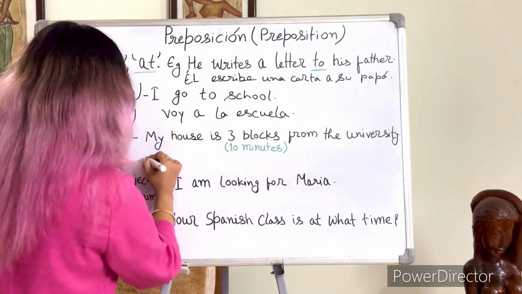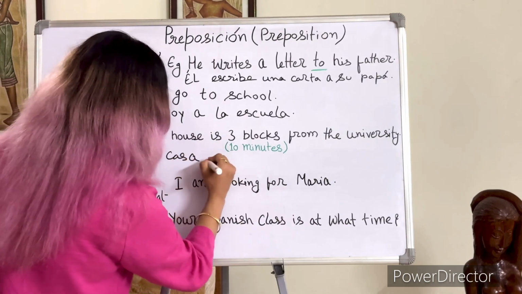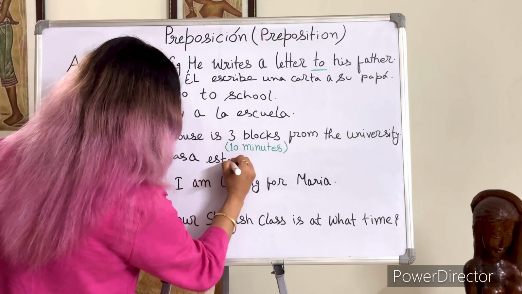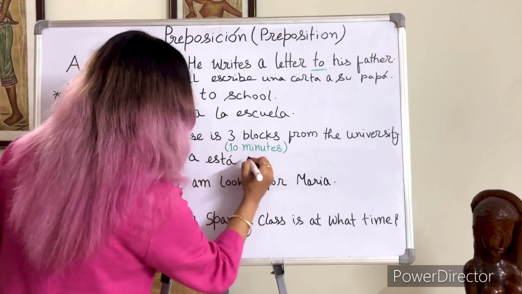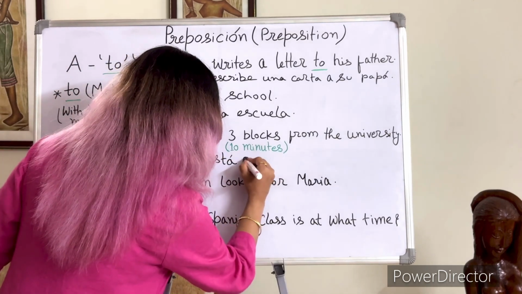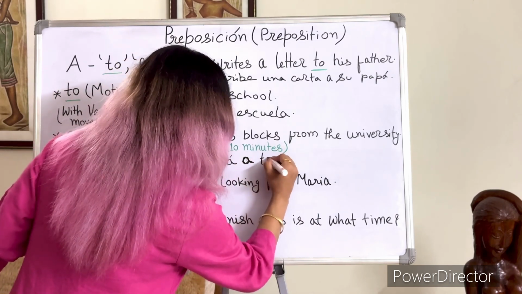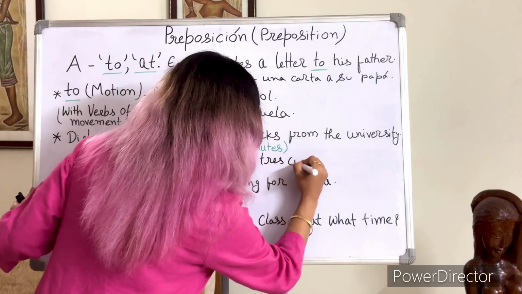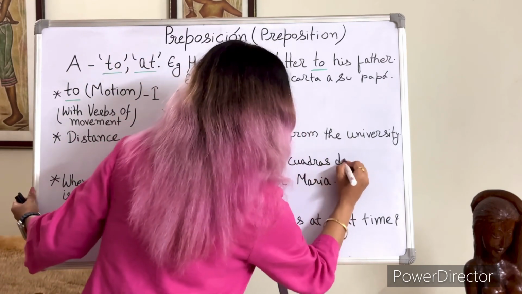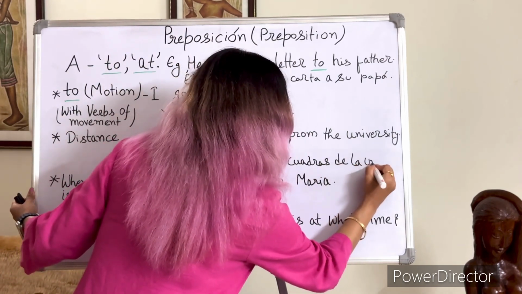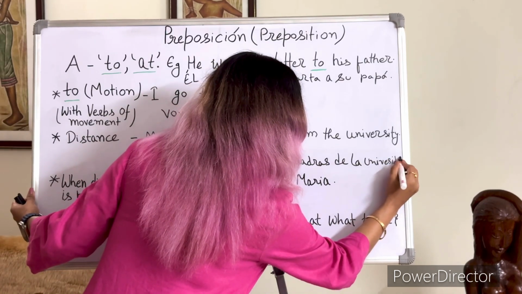My house is mi casa está, verb conjugation, third person singular for mi casa. Mi casa está, then preposition a. Preposition a. Mi casa está a tres cuadras de la universidad.